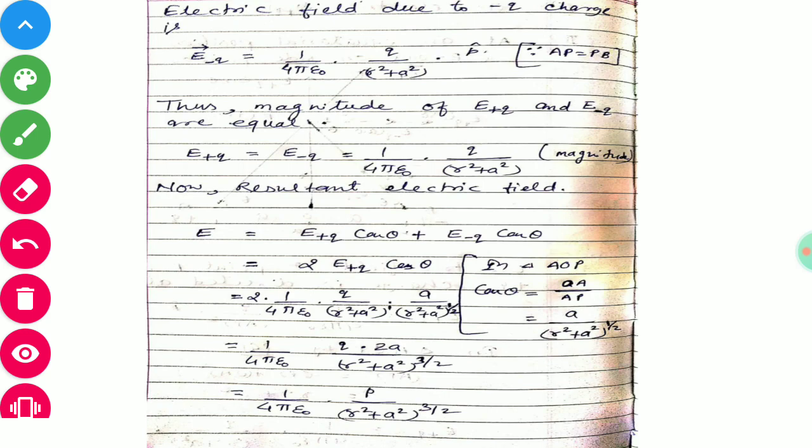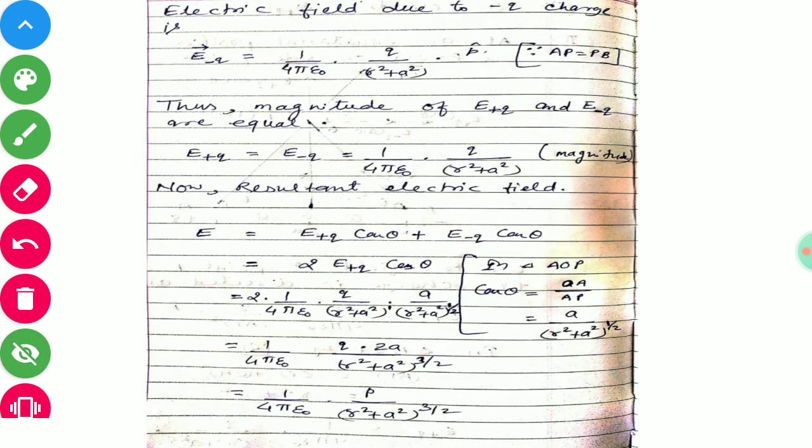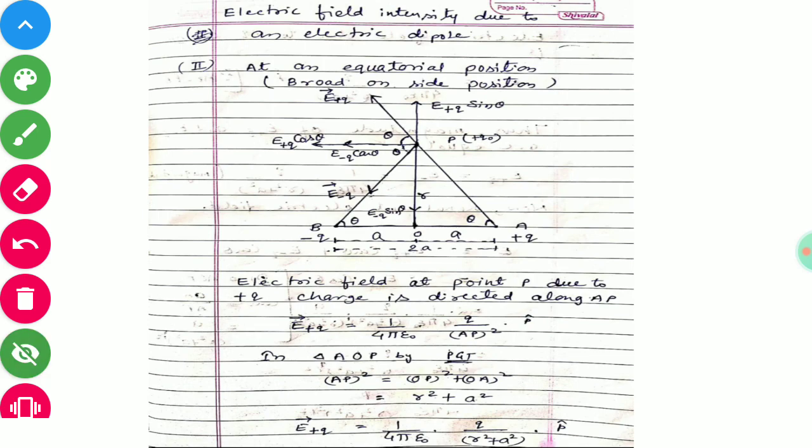So the resultant electric field. Now in this diagram you see that E plus Q sin theta and E minus Q sin theta, the magnitudes of E plus Q and E minus Q both are equal. So the vertical components cancel out each other.